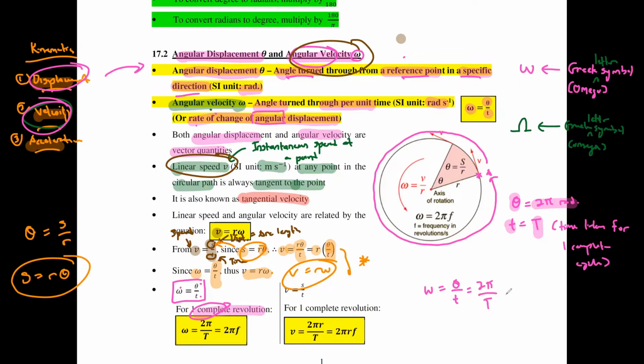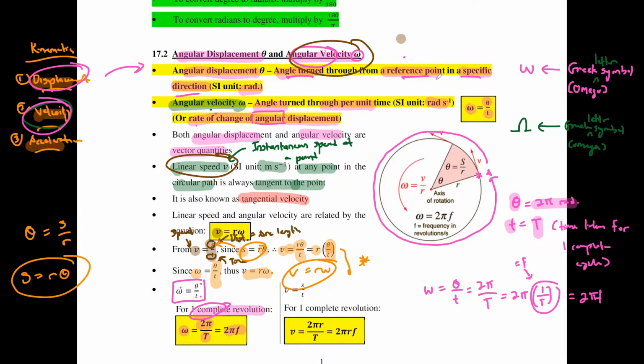And I can further rearrange this to become 1 over T, where 1 over T is actually equal to frequency. So I get 2 pi f. That's why you get angular velocity equals 2 pi over T equals 2 pi f.